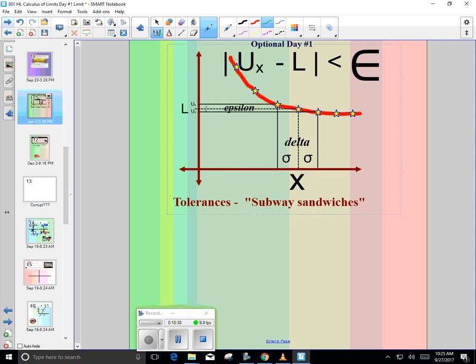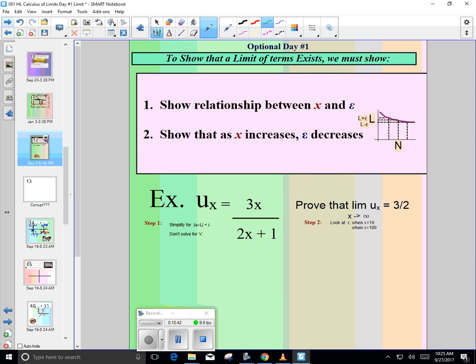L is the limit. To prove it, all you have to do is show a relationship between x and epsilon. If, when x gets bigger, bigger, bigger, and epsilon gets smaller, smaller, smaller, it has to do one thing, and that is end up at that limit. So with these two things, we're going to be able to prove that a limit exists. In this one, u of x equals 3x over that.